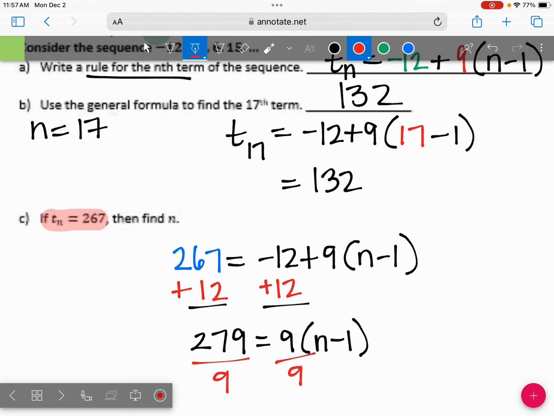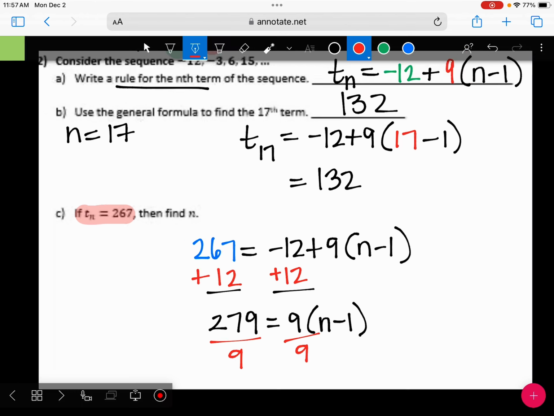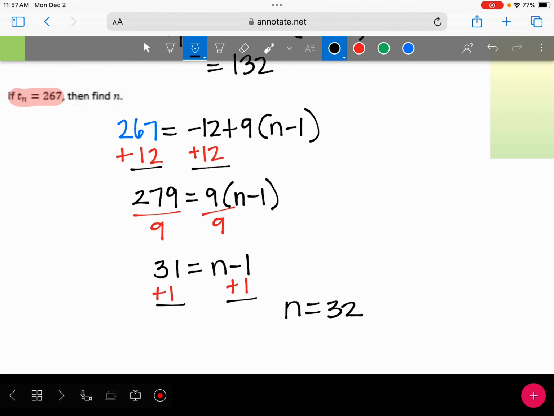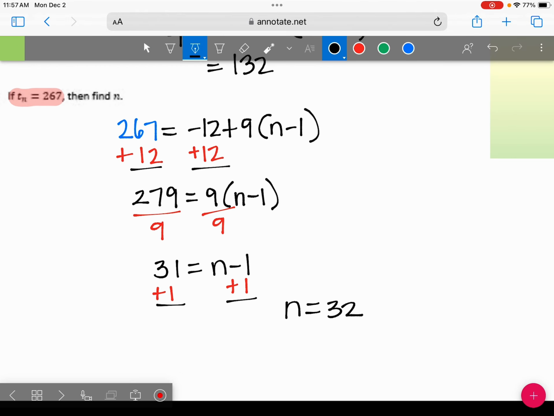I'll just rework it out. All right, so now I chose not to distribute. You could have done your algebra differently, but who got 32 for n?